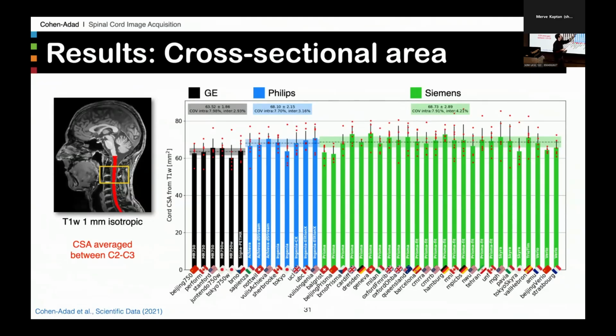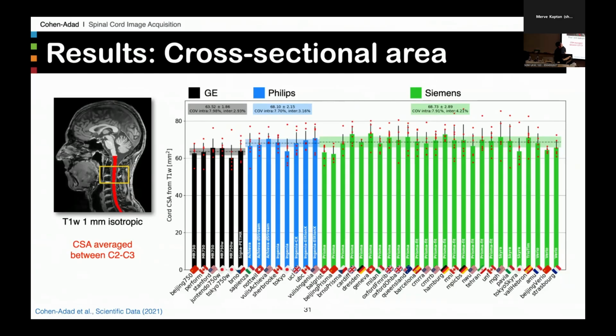Okay, so we can then compute the coefficient of variation intra-site. For each site, we have a coefficient of variation, and then we average it together. And we also have a coefficient of variation inter-site. So what is the variability of the CSA across the different sites? And we have that per vendor, right? I think we know the cross-sectional area varies across individuals, so it's not necessarily relevant to assess the precision of a protocol.